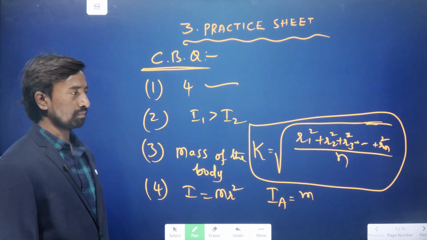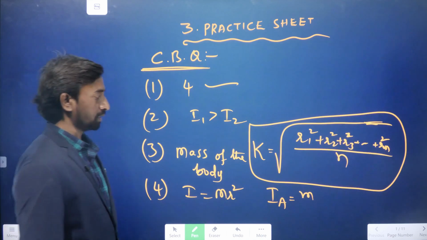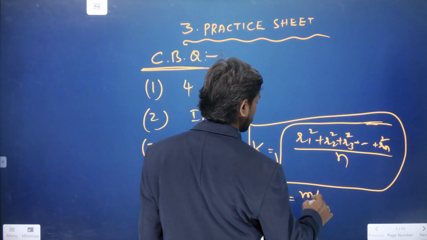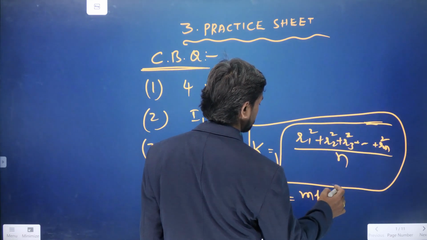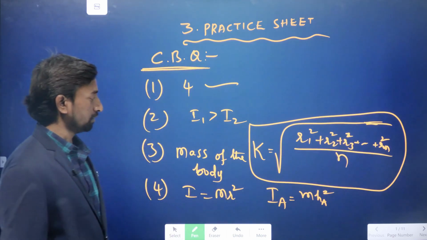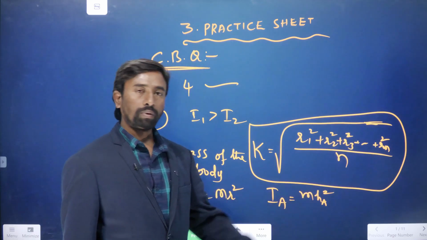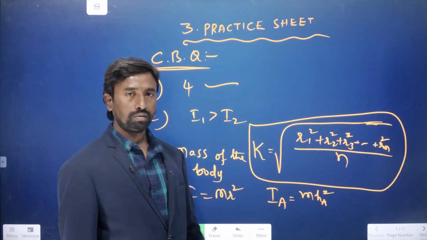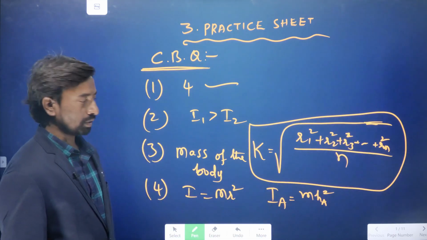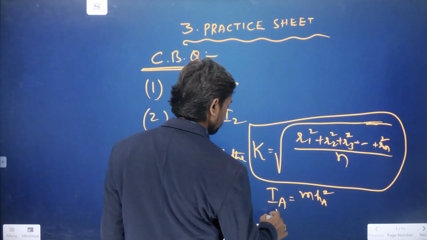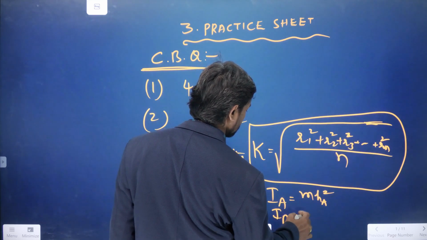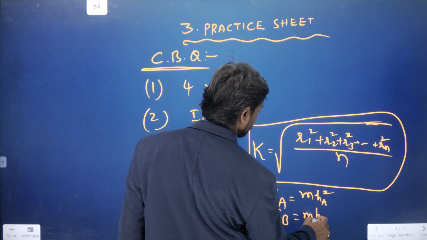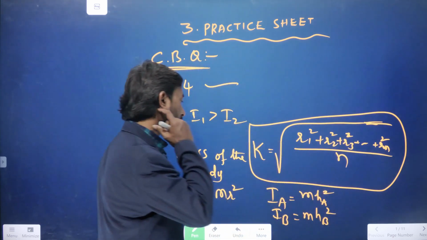Then h square is the perpendicular distance from the axis of rotation to the mass of the body. In the same way, IB equals m into HB square.